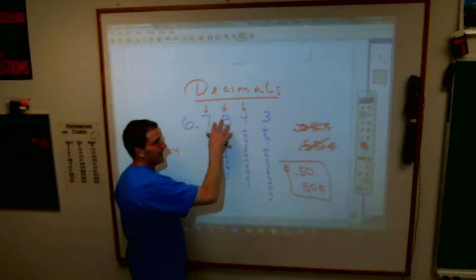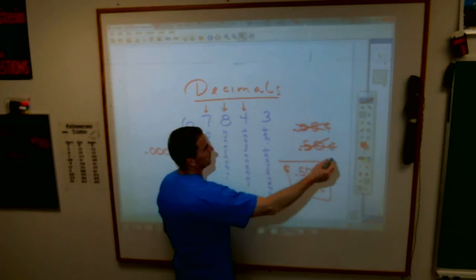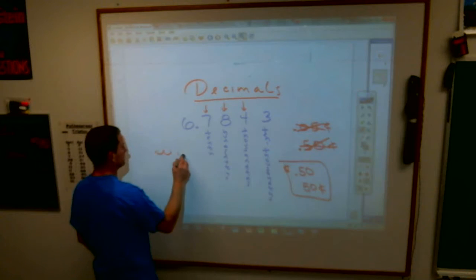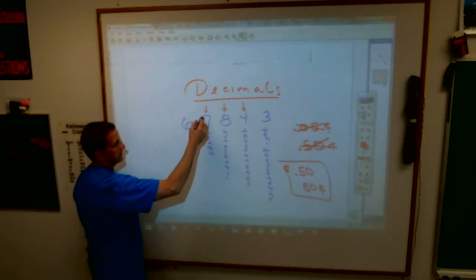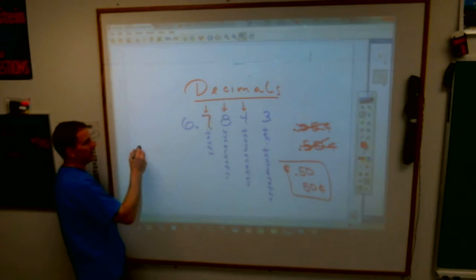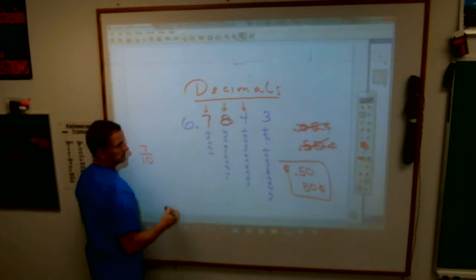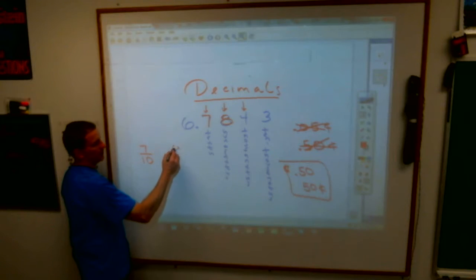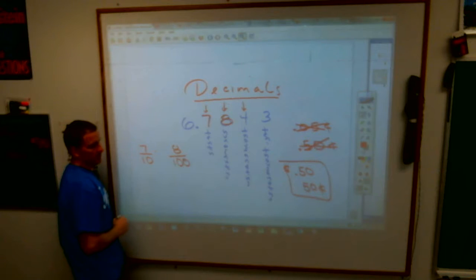If you look at what fraction these stand for, maybe this would put it into perspective for you. Let me erase this here. If I were making fractions out of these decimals, this is 7 what? Tenths, right? So as a fraction, it is 7/10. This is 8 what? Hundredths. So as a fraction, it's 8 over 100, 8/100ths.